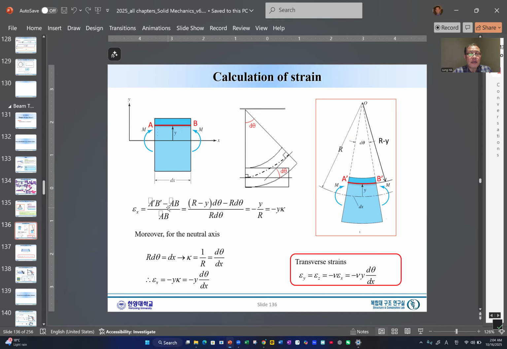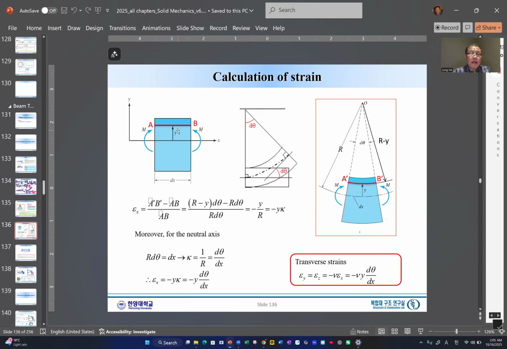Again, the R represents the radius of the neutral axis. Well, we don't know exactly the neutral axis, but let's assume that there is a certain position where the upper region will be in compression and the lower region will be in tension. So this is a neutral axis, which will be determined from equilibrium. Anyhow, this R is the radius of the neutral axis.